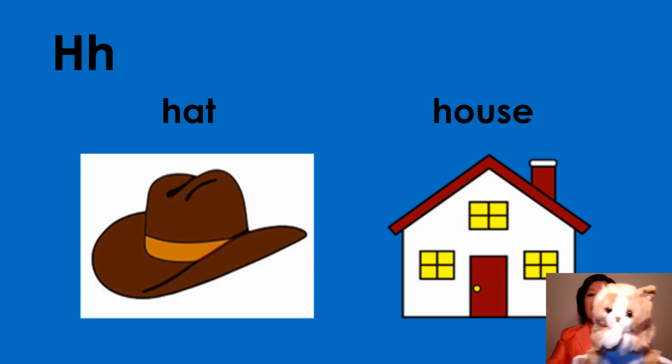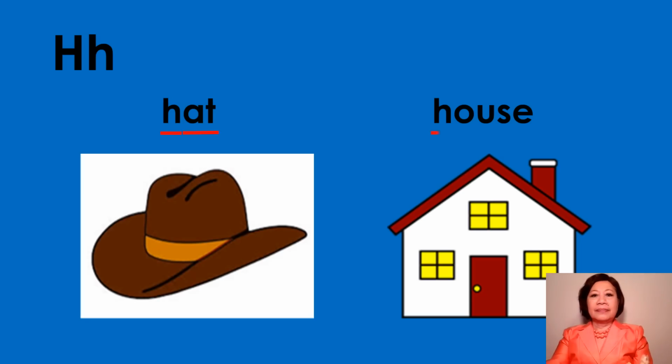H. H says H as in hat. I wear a hat to protect me from the sun. H. H says H as in house. I like a warm and comfortable house.